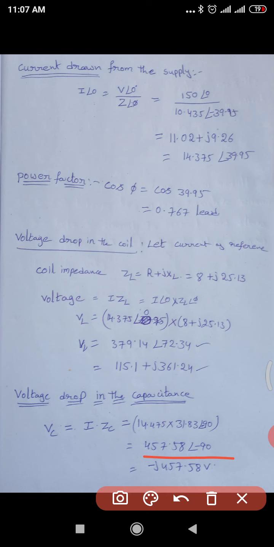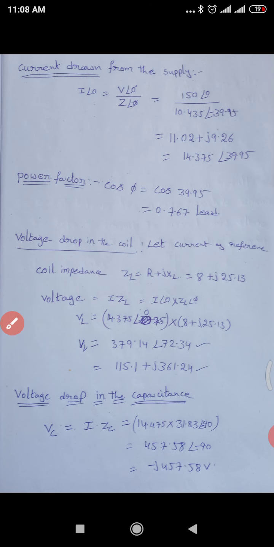If we convert this into rectangular form, we get minus j457.58. This is about the voltage across the capacitor. So this is the problem on the RLC series circuit.